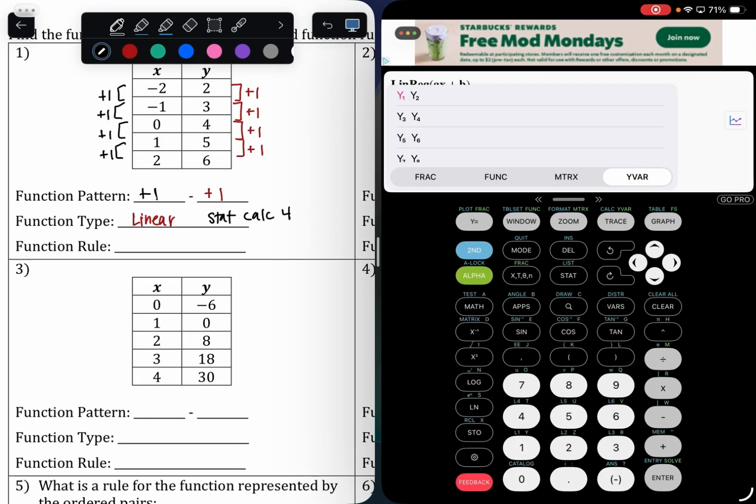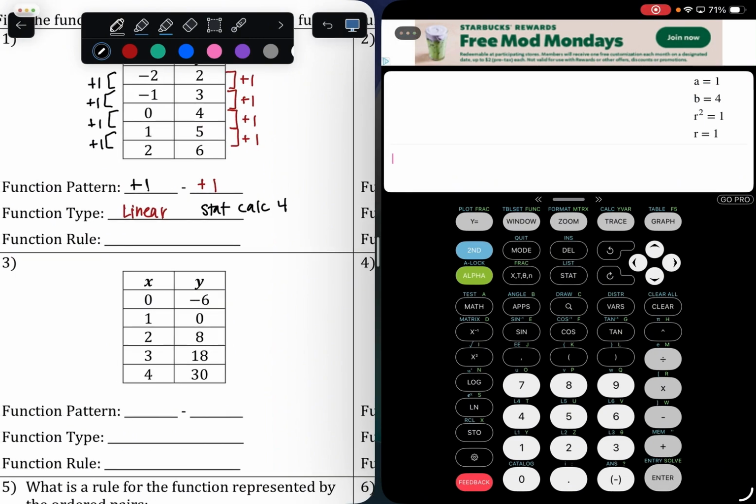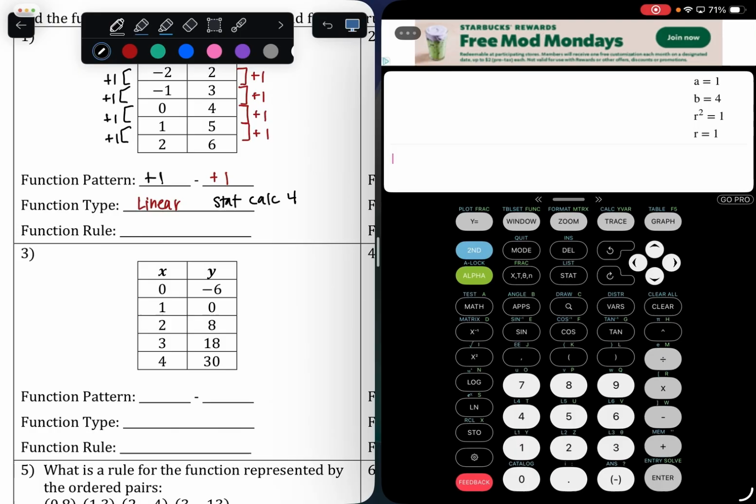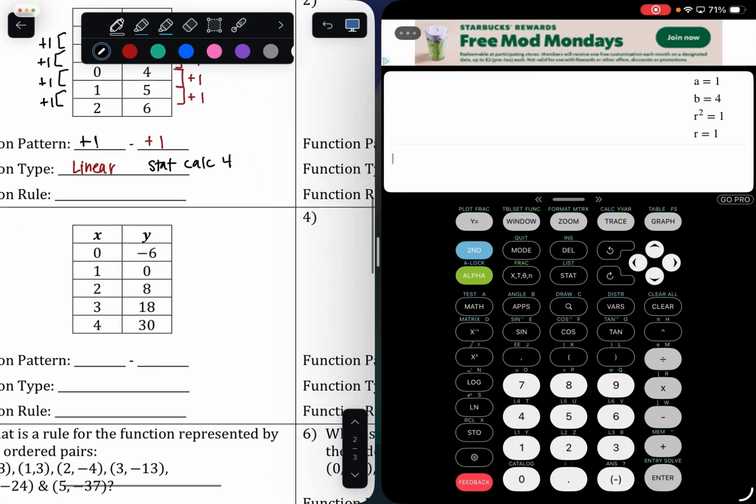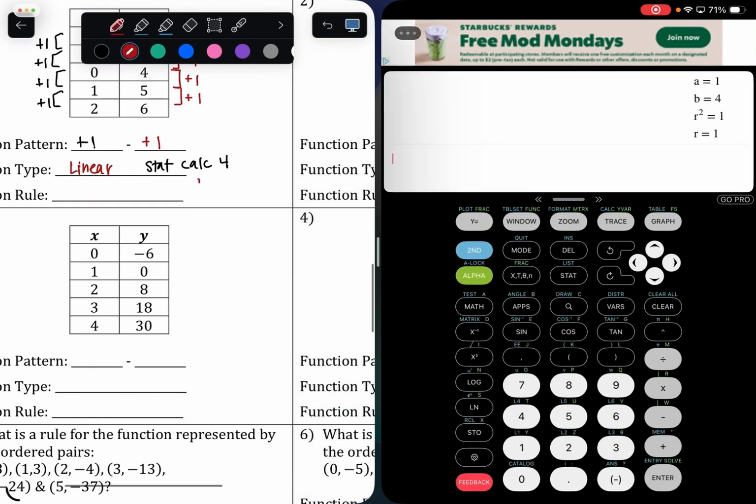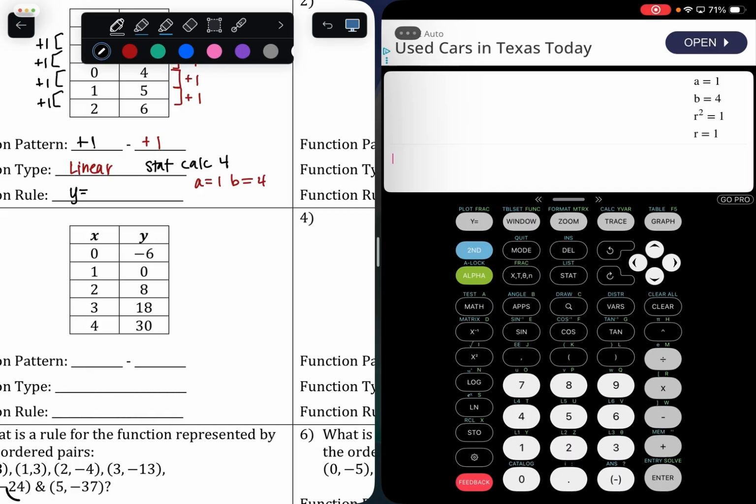So alpha trace Y1, and then press calculate or enter on calculate. Okay, so you should see A equals 1 and B equals 4. Okay, and so for AX plus B, my equation is 1x plus 4.